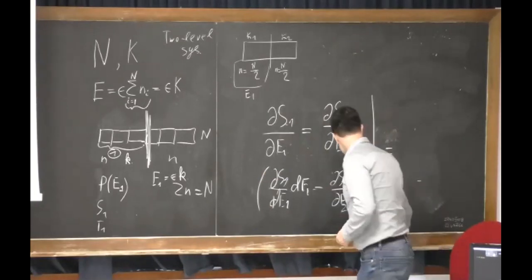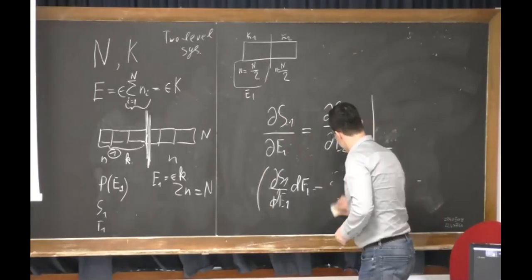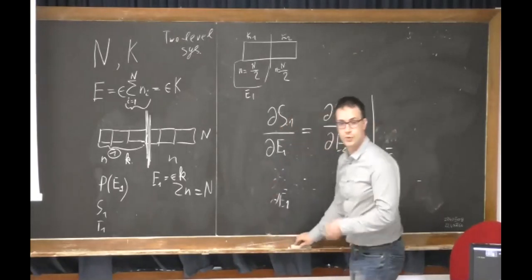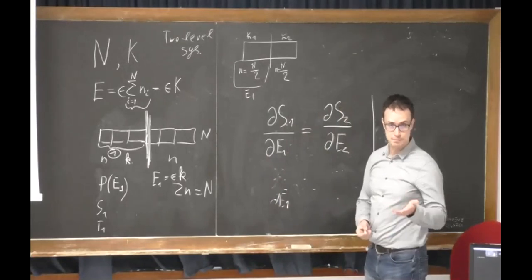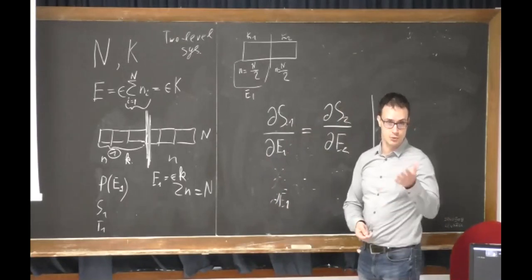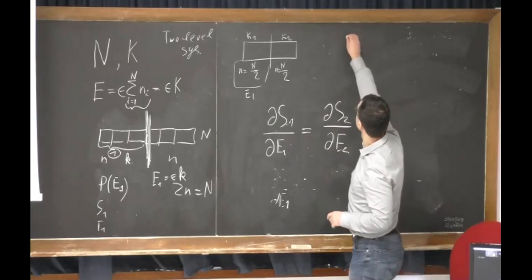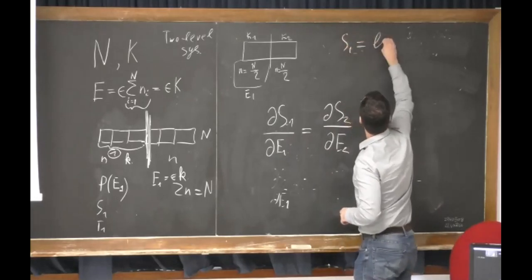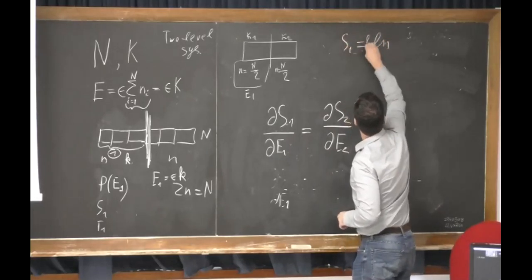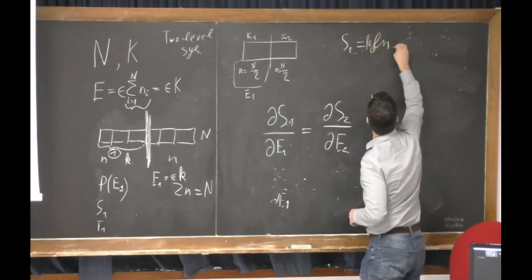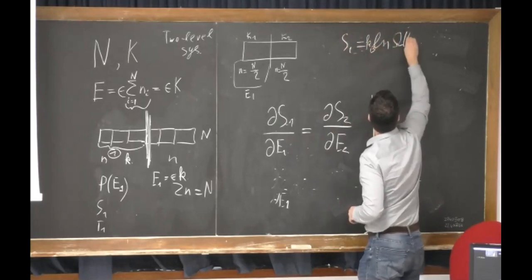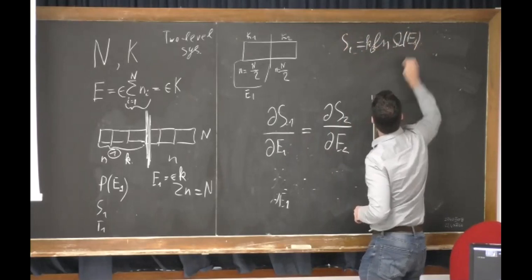Now, what we need is to find the convenient form for S1, okay? So in other words, we need to evaluate this, k_B logarithm of omega 1, okay?